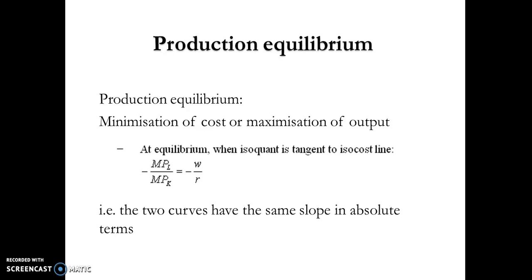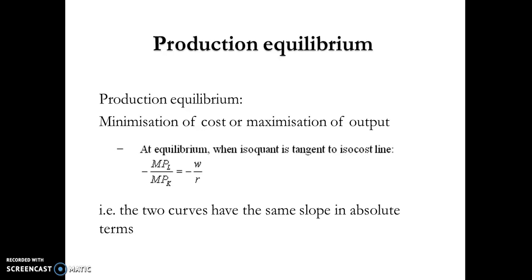Or alternatively, it could be presented as a minimization problem. So how could you minimize cost? Then that is your objective function, and you are given a particular output. So your constraint now becomes a particular output that must be produced.